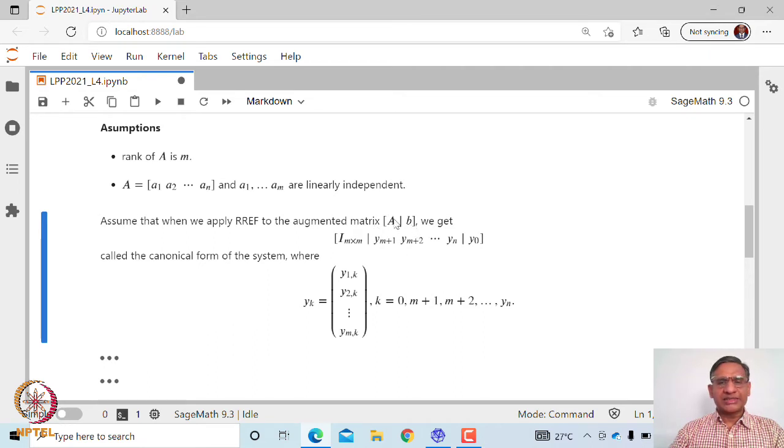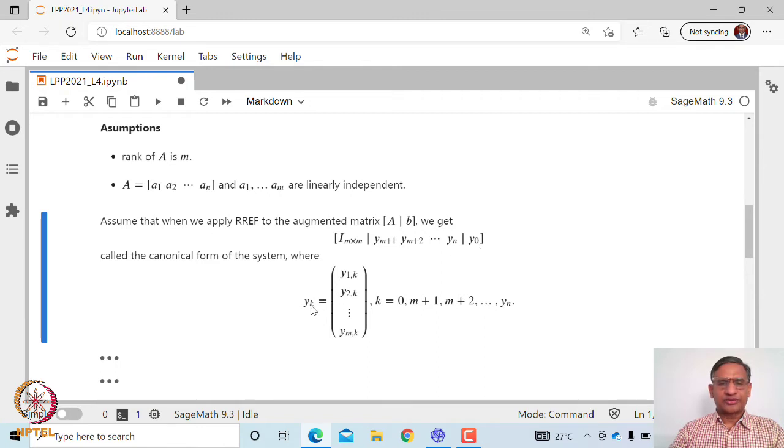Since we have assumed that the first m columns are linearly independent, the first m columns of this RREF are going to become the m cross m identity matrix. The remaining columns we write as y(m+1), y(m+2), ..., yn, and the last column, corresponding to the right hand side b, we denote by y0.